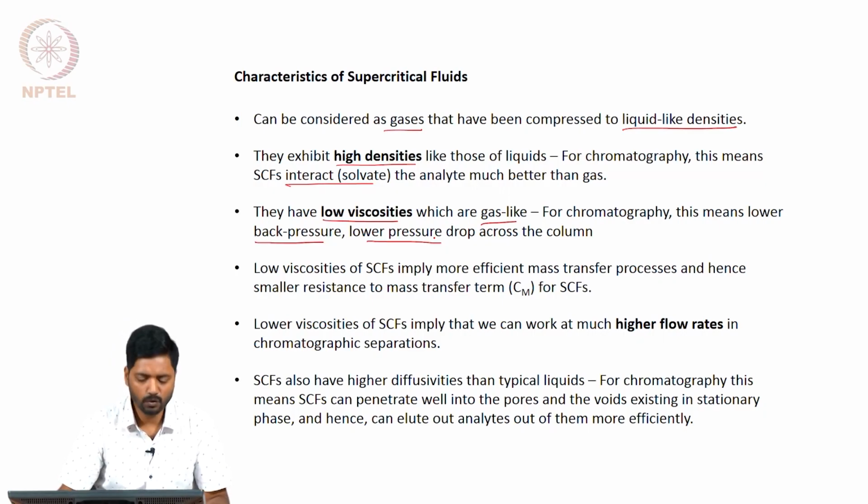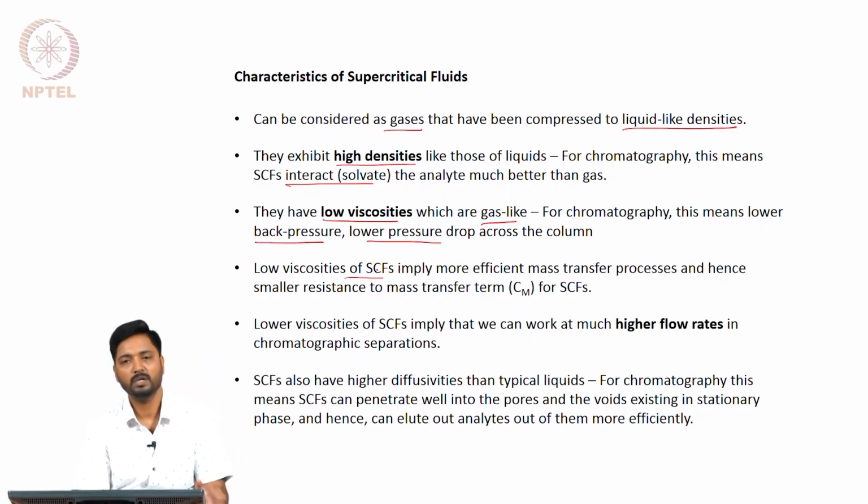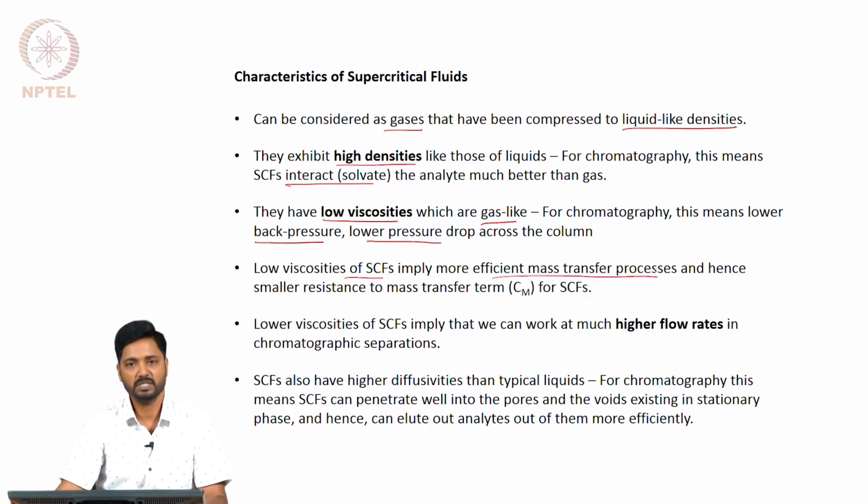Now, the low viscosities of the supercritical fluids also imply more efficient mass transfer processes, and as we have seen in the C term of the Van Deemter equation, this relates to the resistance to mass transfer.